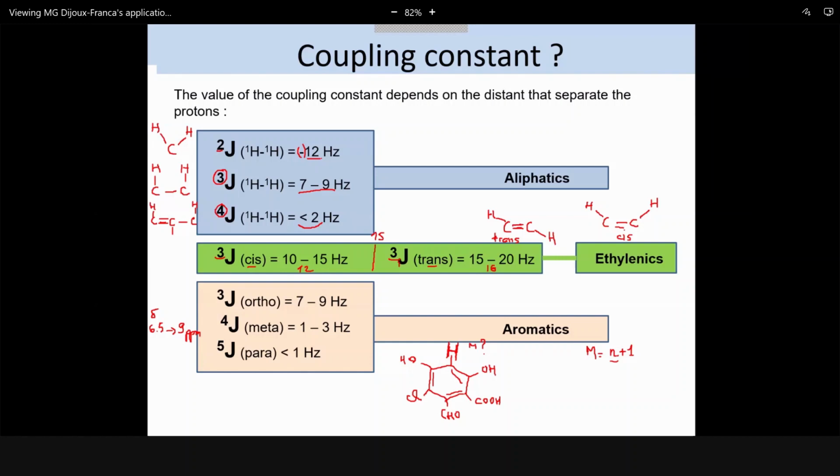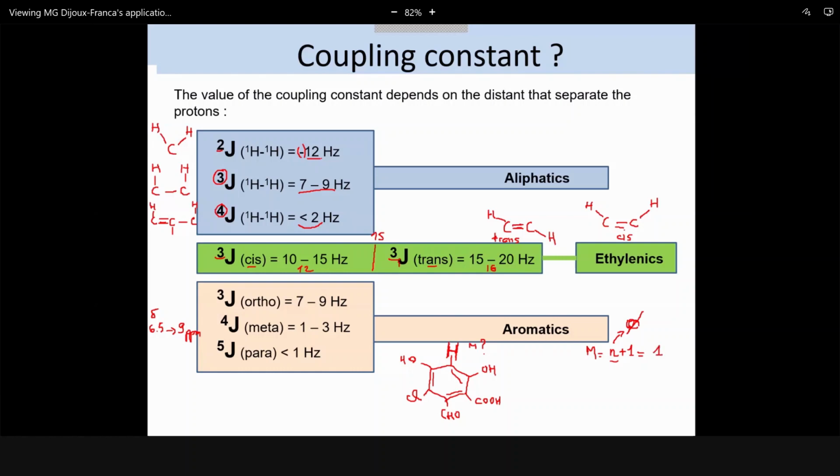Yeah. So what is the multiplicity? If n equals 0, so it is 1.